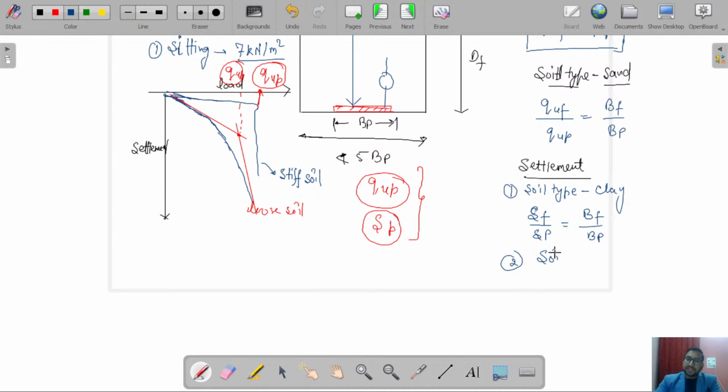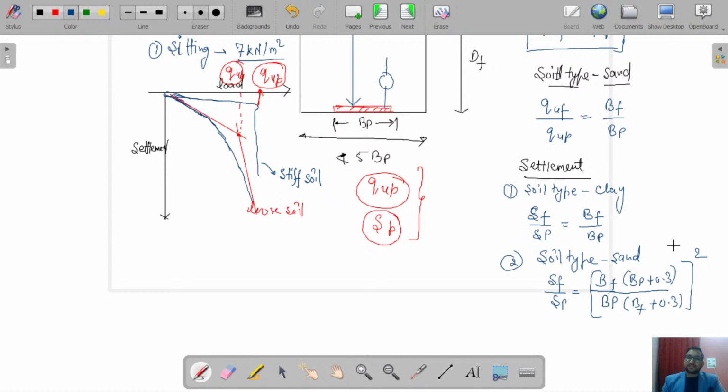Second, if soil type is sand, the settlement of foundation and settlement of plate are correlated as width of foundation by width of plate, into the quantity (width of plate plus 0.3) by (width of foundation plus 0.3), and this value whole square.